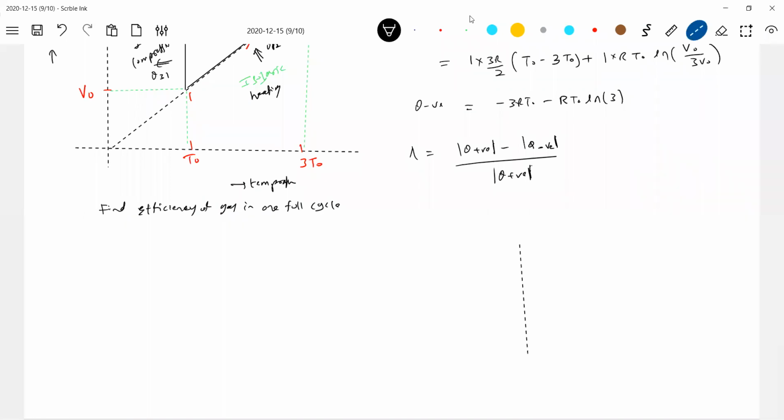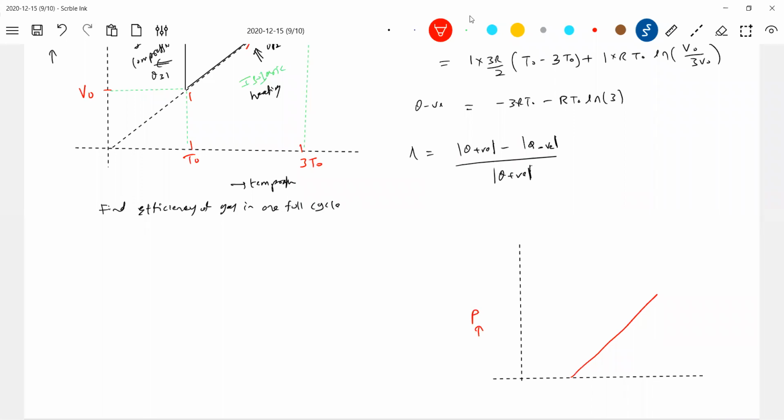For your understanding, if the curve is like this, is it an isochoric process? No, it's not. So if a straight line passes through the origin, it's that simple process.